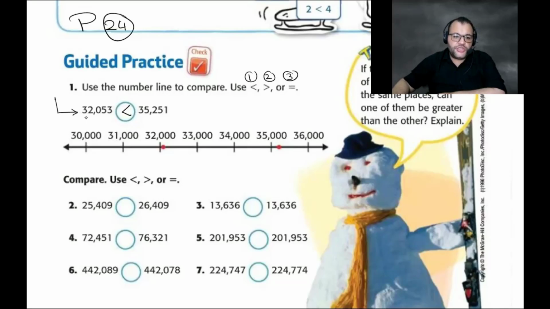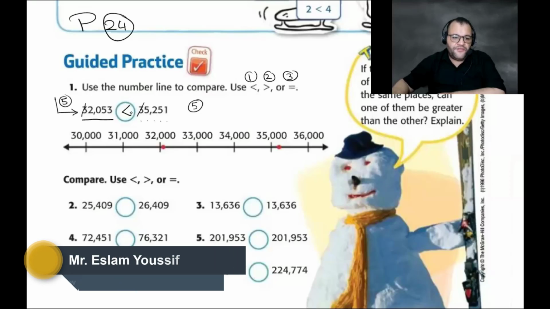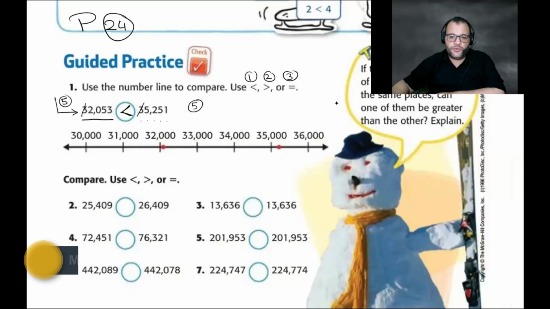How many digits do we have for this number? 1, 2, 3, 4, 5. We have 5 digits. And the other number, 1, 2, 3, 4, 5, also has 5 digits. So we start from left to right. We have 3 equal to 3, and then 2 and 5. 5 is greater than 2, so we choose this sign, because the sign looks to the greatest number.